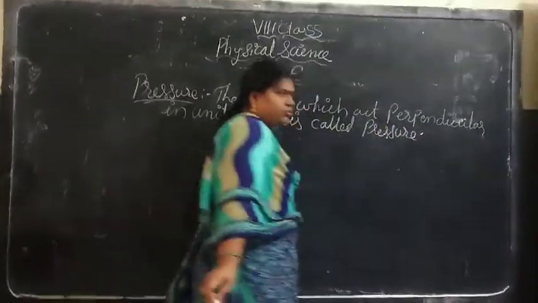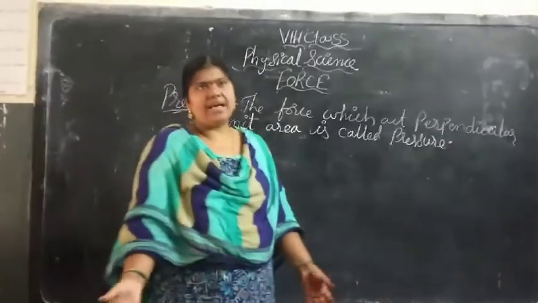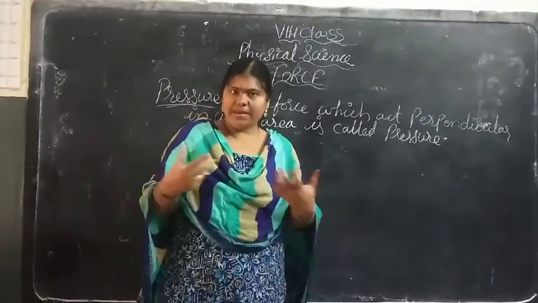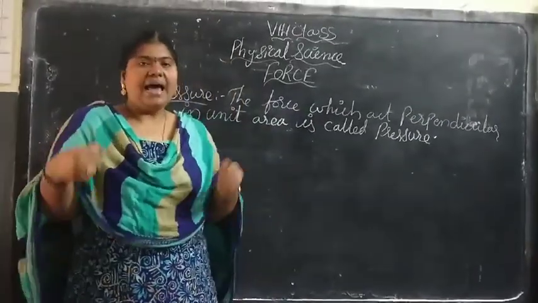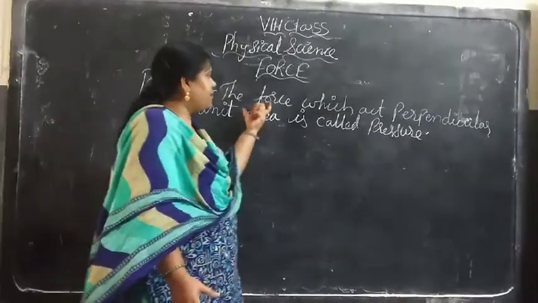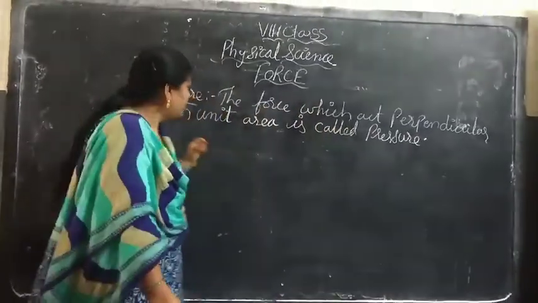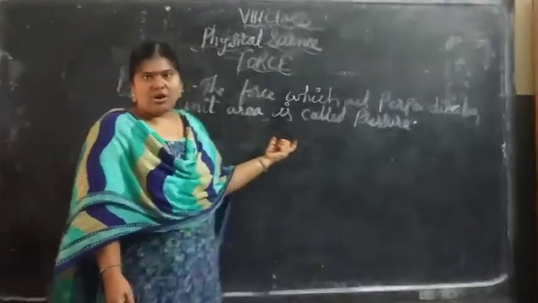So when we are ready to lift an object, we are applying force on it. When we are applying force, that means we are applying pressure on it, and the force which acts perpendicular in unit area is called pressure.